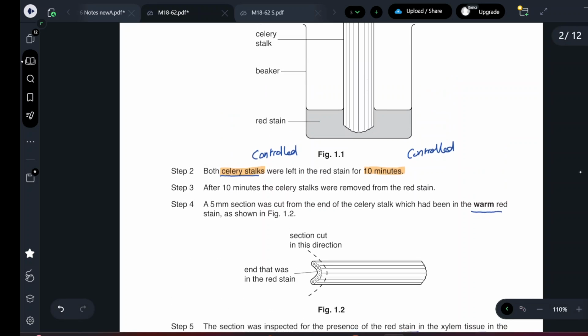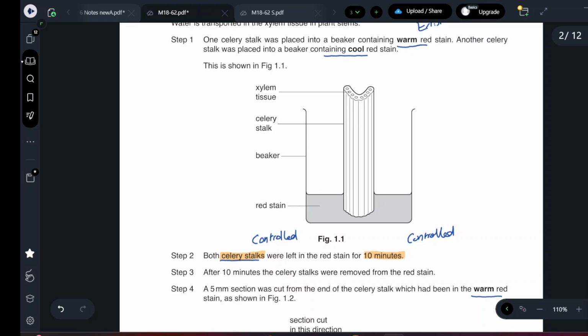Okay, what's the idea in this experiment? When you put the stem in the stain, it will go up in the xylem. You are going to cut a 5 millimeter piece, and then check the cross section. If you still find red stain, this means that the red stain moved a little bit upwards.